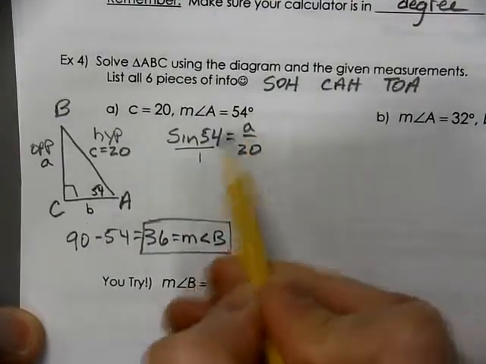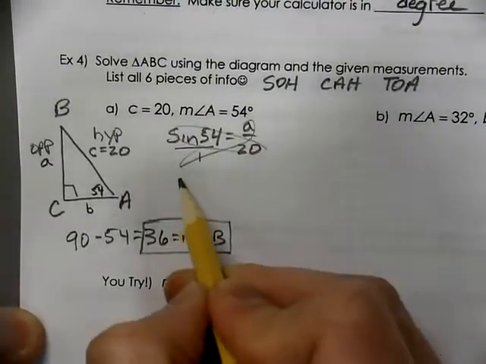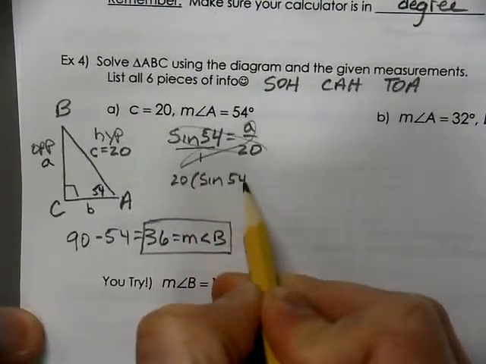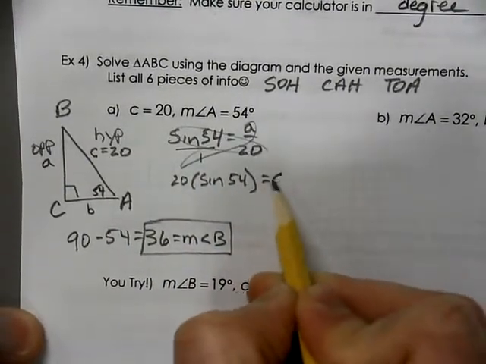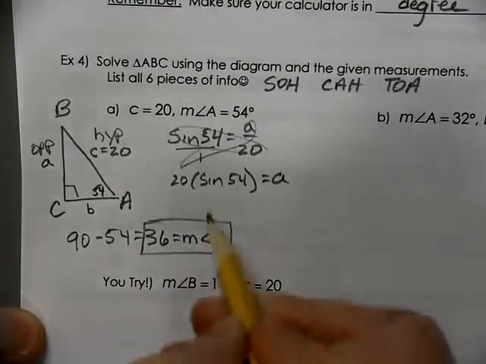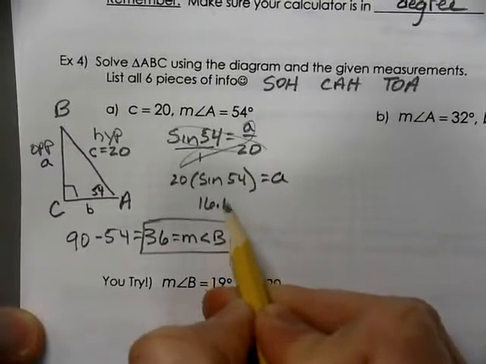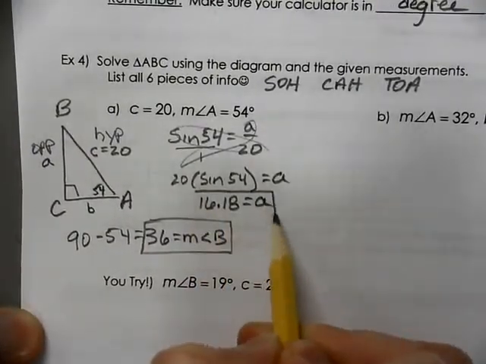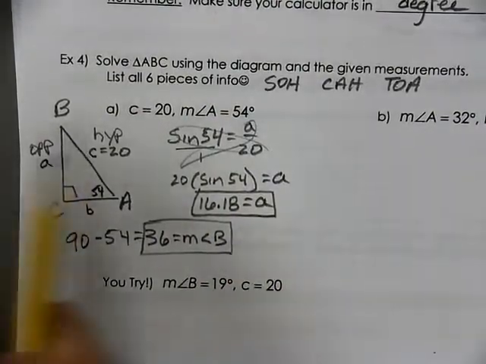Put your trig over 1, cross multiply, so we get 20 times the sine of 54, which equals A. And then using your calculator, you can figure out that that is 16.18.